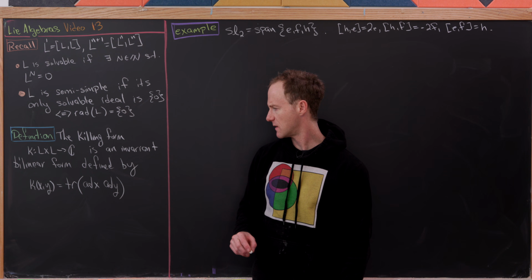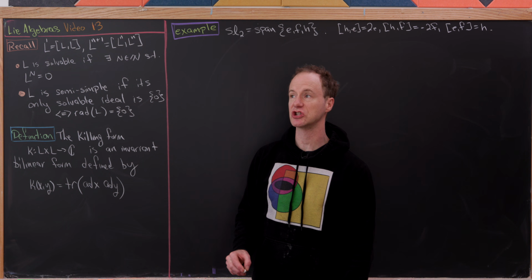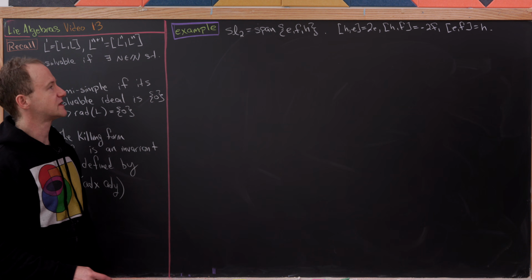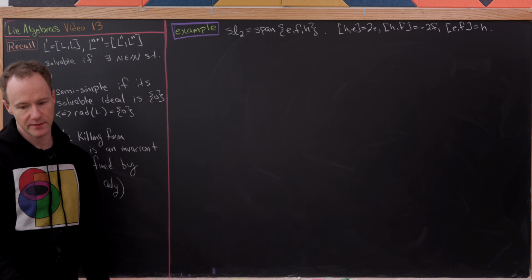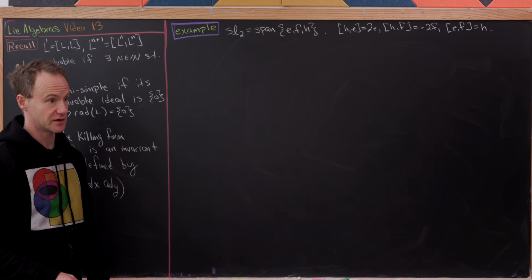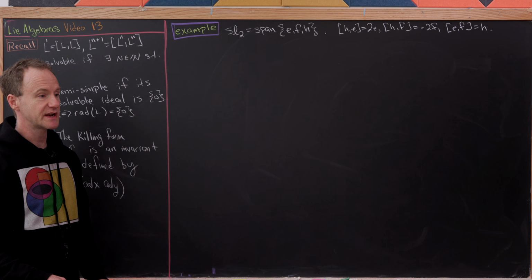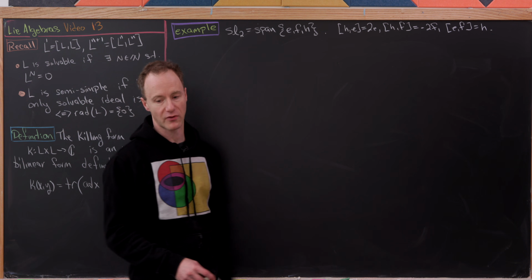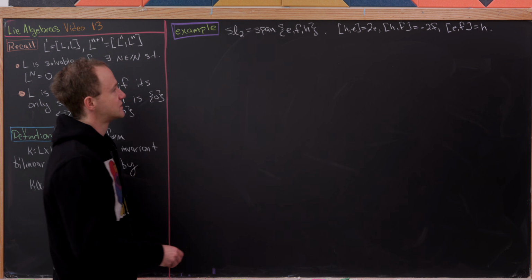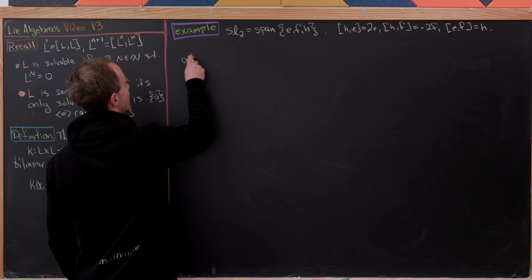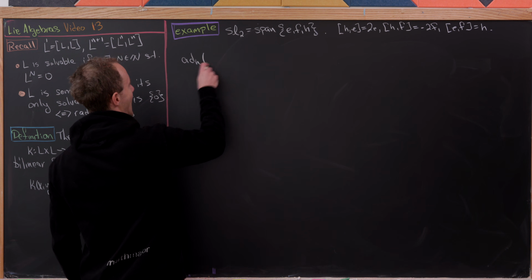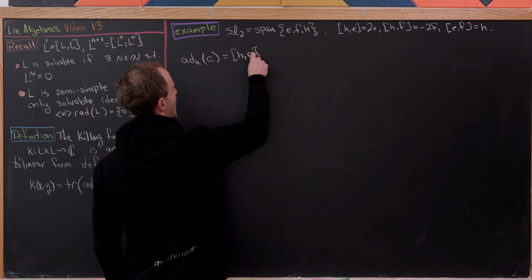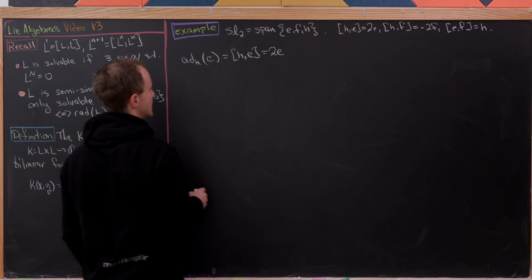This may seem a little bit nebulous just looking at the definition, but via some examples, it's not too bad. So let's look at our favorite toy example, which is maybe the most important Lie algebra to understand, sl2. It's three-dimensional, spanned by vectors E, F, and H, and we have the following bracket relations. Let's note that ad H acting on E is defined to be the bracket of H with E, or 2E.